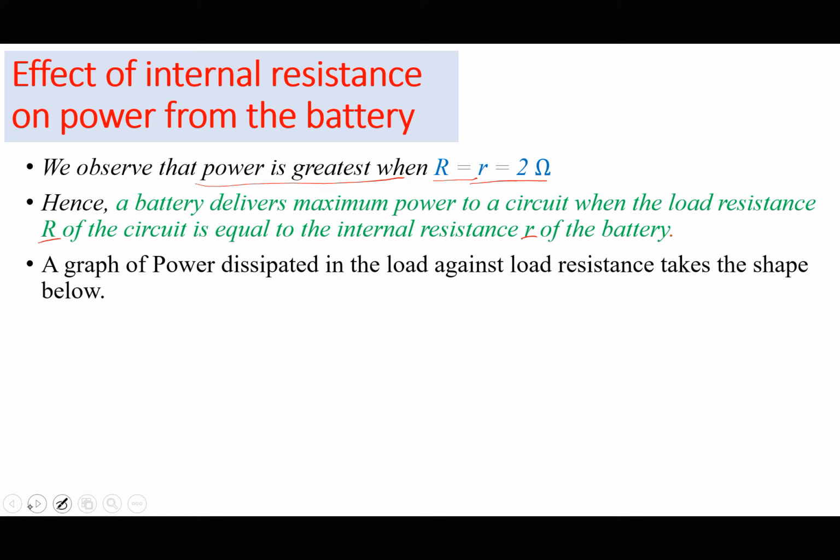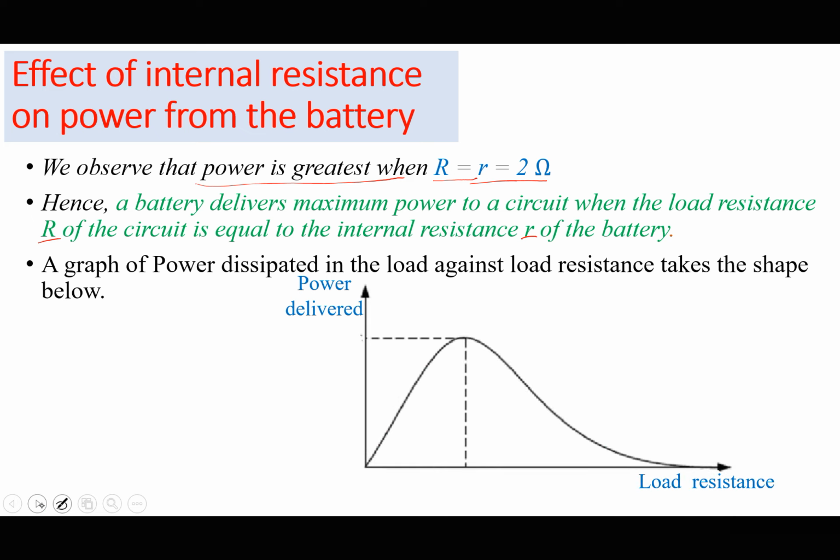So if I sketch a graph of power against the load resistance, I expect to get a graph of this nature, where I have maximum power when the load resistance R is equal to the internal resistance.